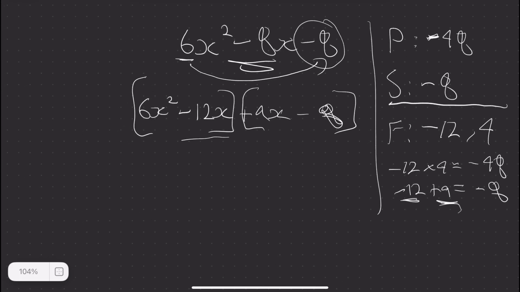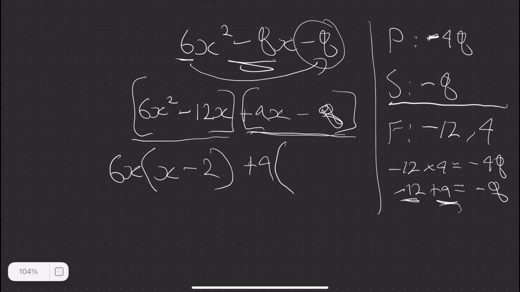We'll factorize this one first. So our GCF will be 6x. 6x squared divided by 6x is x. Negative 12x divided by 6x is equal to negative 2. And now we'll factorize this one here, where the GCF will be positive 4. 4x divided by positive 4 will be x, and negative 8 divided by positive 4 will be negative 2.